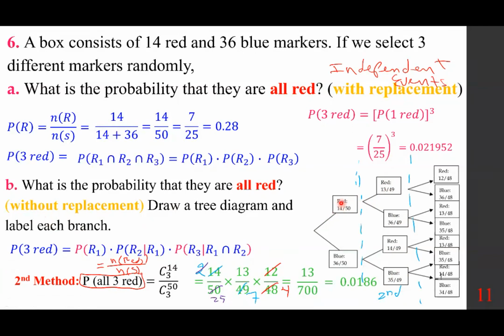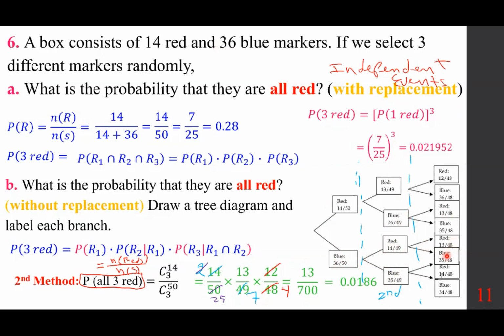Secondly, 1 red is gone. How many is left? 14 minus 1. But if you go to this branch, because it's blue, how many blue is gone? None, so you have all of them, 36. Now when we go down here, blue, how many red is gone? None of them, so we have 14 out of 49. But if we go to this branch, 1 blue is gone, so out of 36, the numerator becomes 35. But notice all denominators are 49.